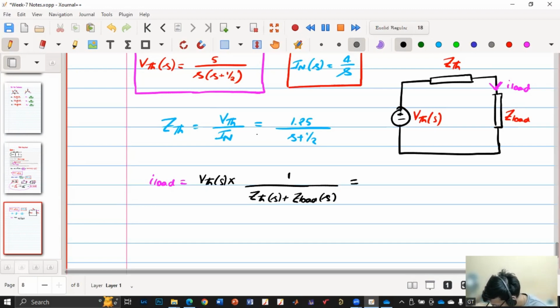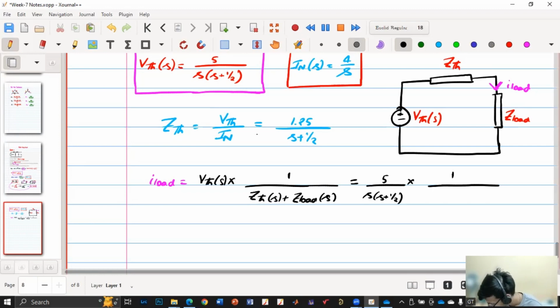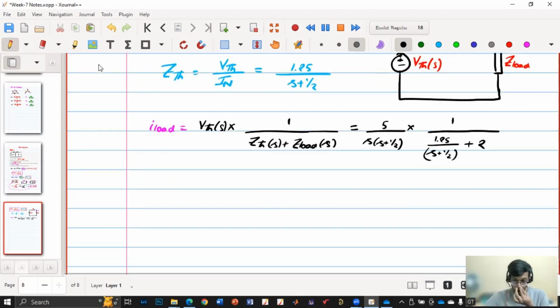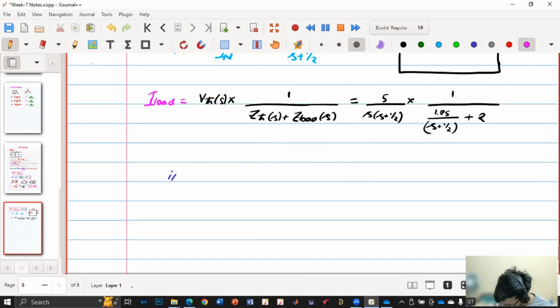So we'll substitute all the information. V Thevenin of S is 5 by S into S plus half, and 1 by Z Thevenin of S is 1.25 by S plus half, plus Z load is 2. So we'll simplify this. So as it is in S domain, it is important we use capital letters. That's just a notation.